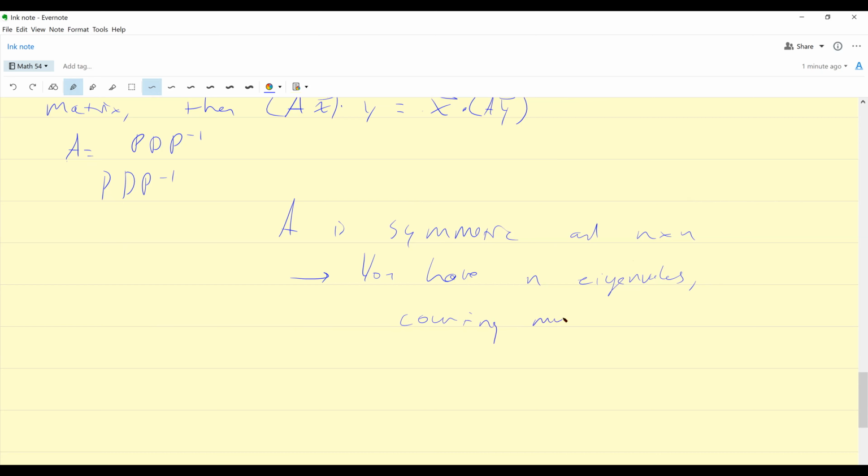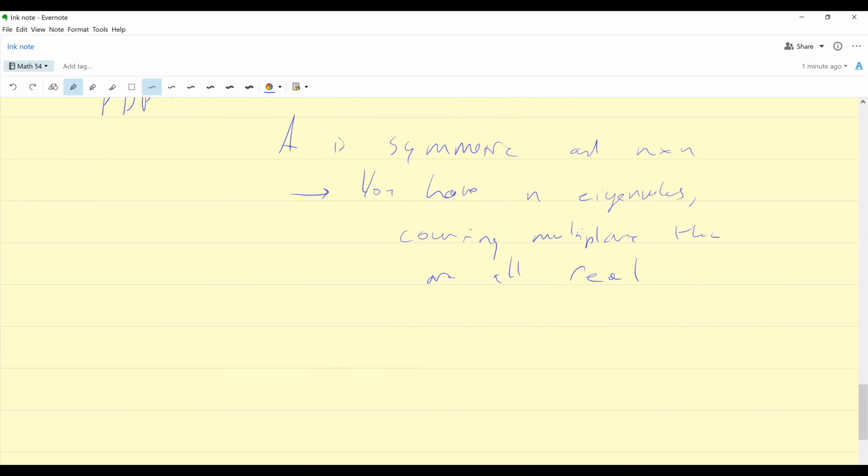counting multiplicities, that are all real. So that means that our characteristic polynomial will actually split. We have n roots of it, counting multiplicities. And then beyond that, we also have that the algebraic multiplicity is equal to the geometric multiplicity of each eigenvalue as well.